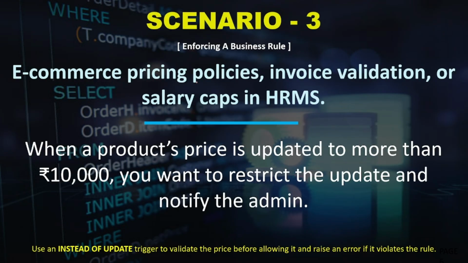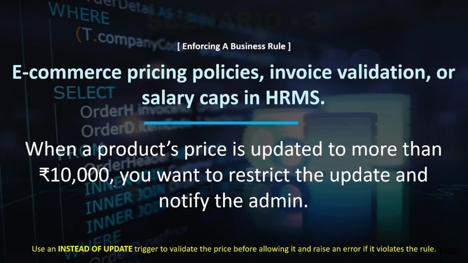Scenario 3, enforcing a business rule. Let's say you are working on a product wherein there are prices of items, and you really want to track if somebody changes the pricing, increasing the pricing of any item, and it goes beyond a limit, let's say $10,000, then you want to notify this to admin or somebody. You want to perform some action.